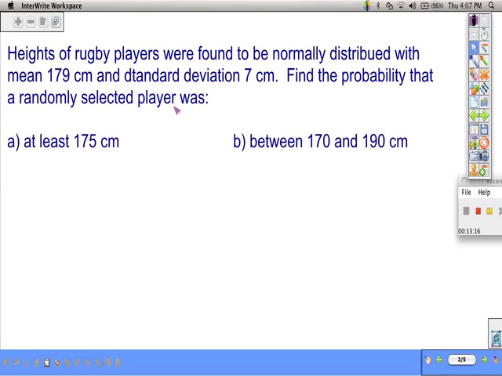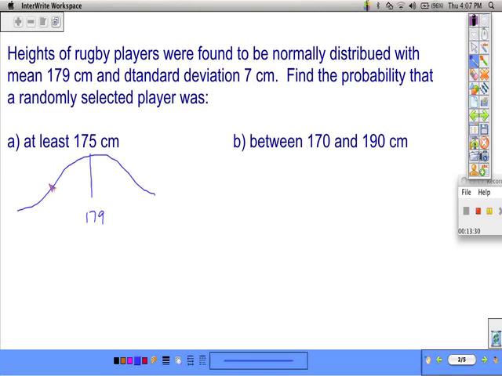So here we have rugby players, normally distributed for their heights. Mean is this, standard deviation is 7. Find these probabilities. So I'm going to draw myself a picture, 179, and I want to be at least 175. So that means all of this is what I'm looking for. And what I want to do is find a z-score for 175.